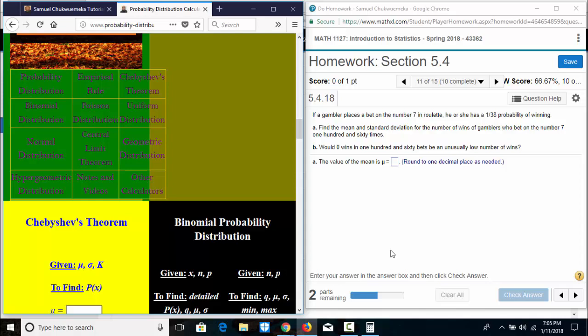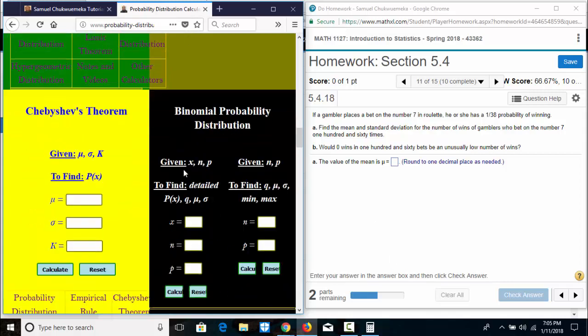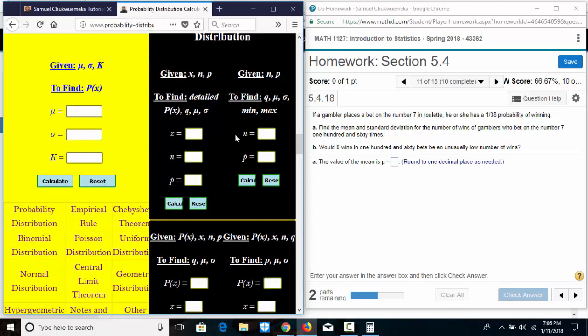B. Would 0 wins in 160 bets be an unusually low number of wins? So in this case, the sample size is 160. The probability of success is 1 out of 38.